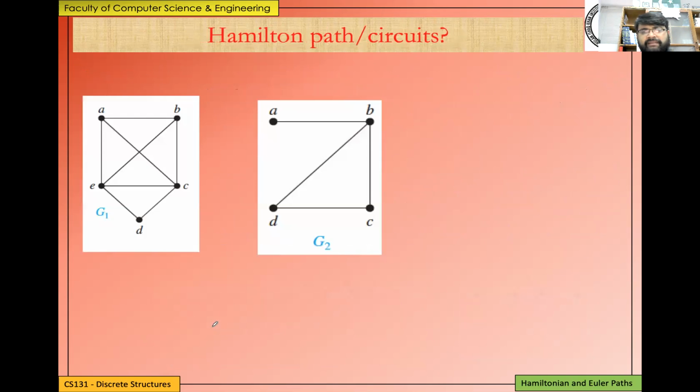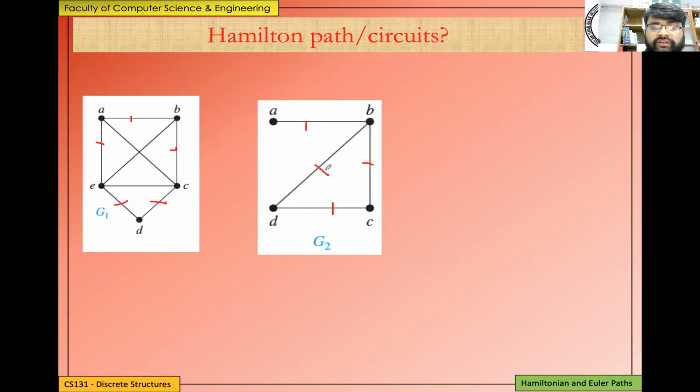So let's take some more examples. In this case, does this graph contain a Hamilton circuit or a Hamilton path? Well, the idea is clear. For example, use this edge: A, E, D, C, B, and finally back to A. So this does contain a Hamilton circuit. What about this one? This one will, for example, use this edge, this one, and this one.